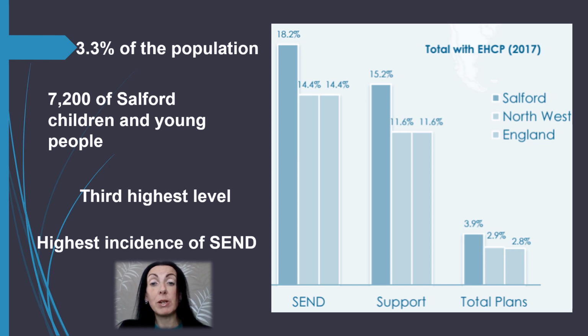That's 3.3% of the primary and secondary school pupil population. 7,200 of Salford children and young people receive support with their special educational needs and disabilities. To bring that into context, that's 18%. Salford also has the 3rd highest level of issuing EHCPs in the North West, closely behind Manchester and Lancashire.